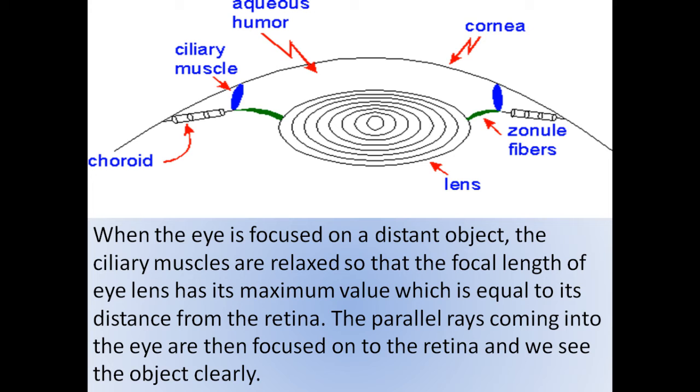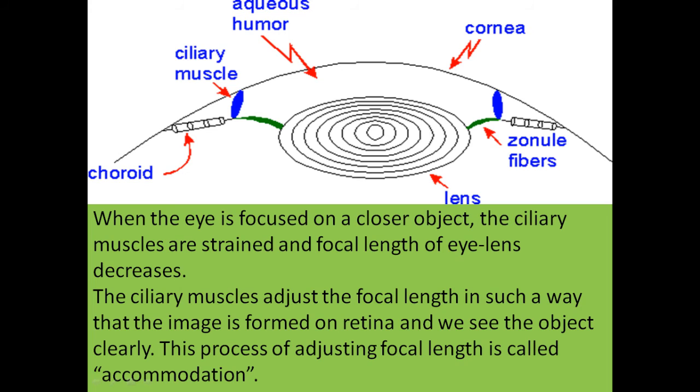When the eye is focused on a closer object, the ciliary muscles are strained and the focal length of the eye lens decreases. The ciliary muscle adjusts the focal length in such a way that the image is formed on the retina and we see the object clearly.